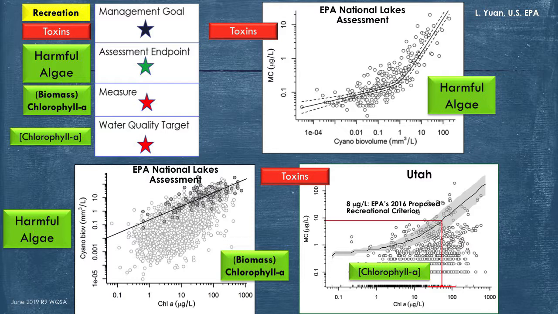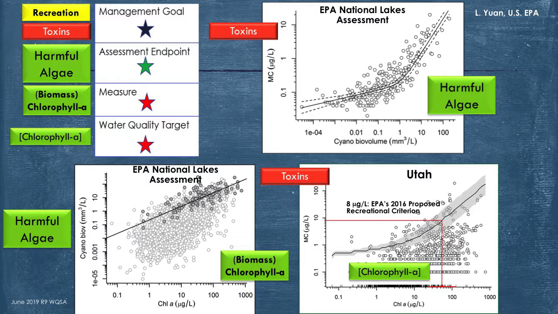They also did some sort of quantile regression between cyanovolume and chlorophyll A. So you have those two relationships, you come up with a third relationship. And when you do that, you get this value, right, with the error bars around it. So pretty sweet.